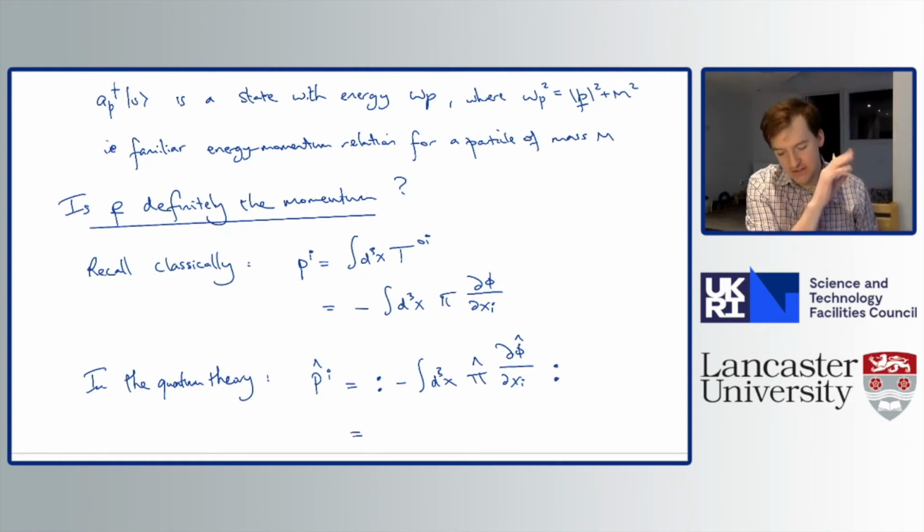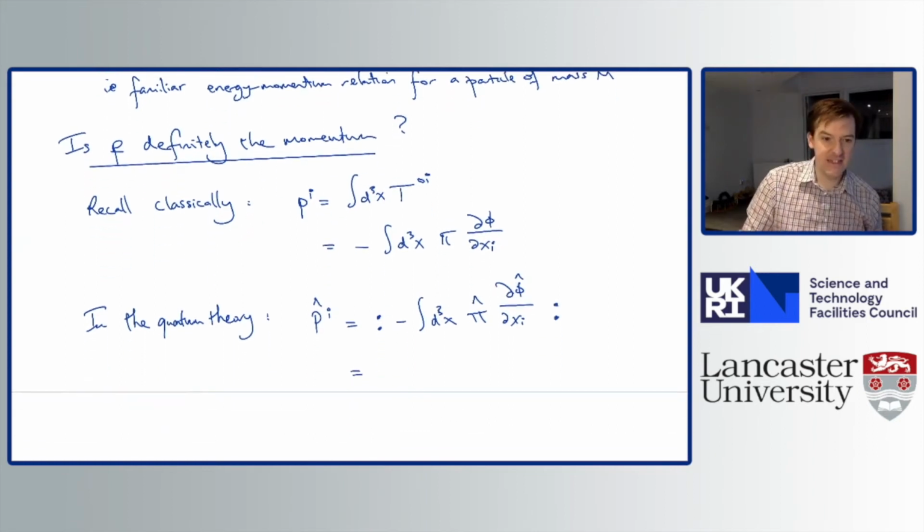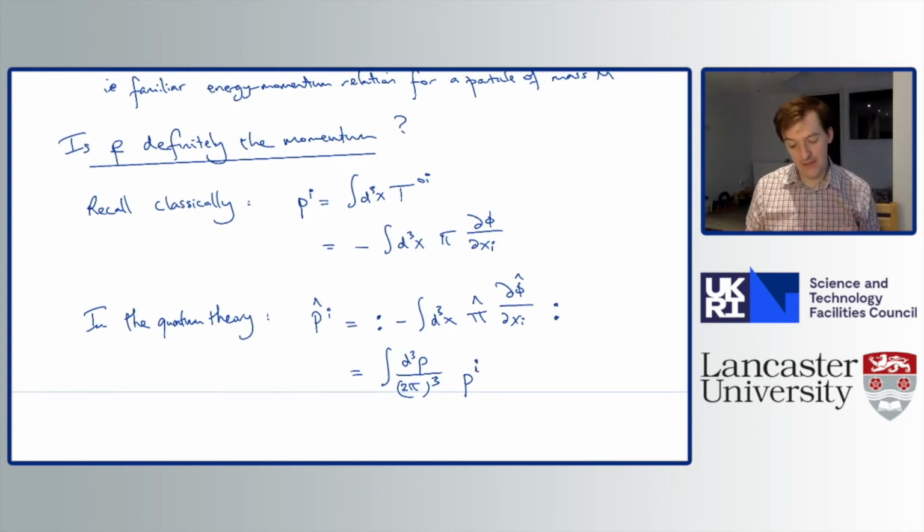Just as with the Hamiltonian, I skipped all of the steps to actually derive how you can express P in terms of the creation and annihilation operators. I'm going to postpone it here, so I'll just quote the result. The result is the integral d3p over 2 pi cubed, then the number that's associated with the momentum, so it's not an operator, it's the number, and then this combination of operators, A_p dagger A_p.